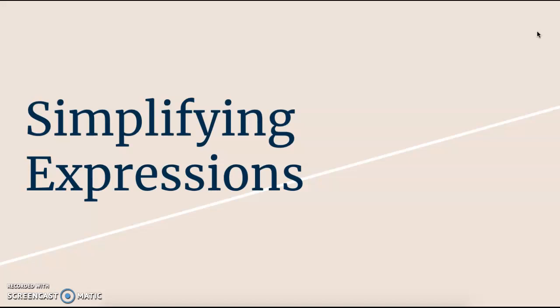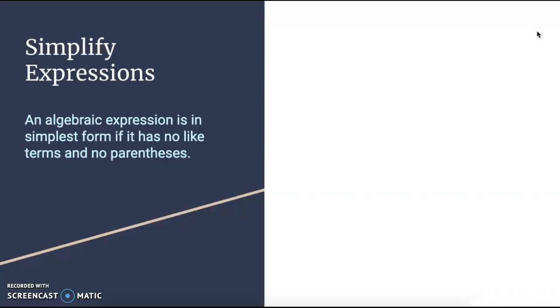So we are working on simplifying expressions, and first we need to know what that means. An algebraic expression is in simplest form if it has no like terms and no parentheses. Simplest form, we're used to seeing that with fractions. And that means that we take a fraction and we make it as small as we possibly can.